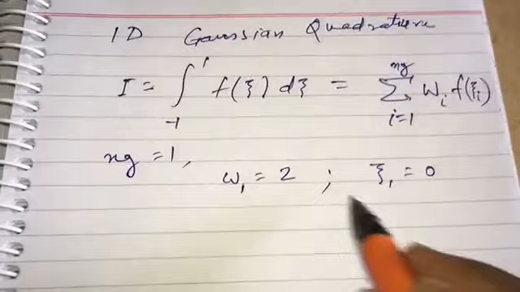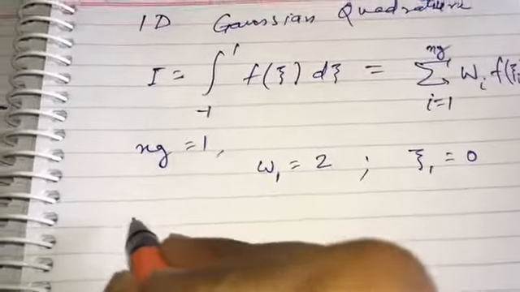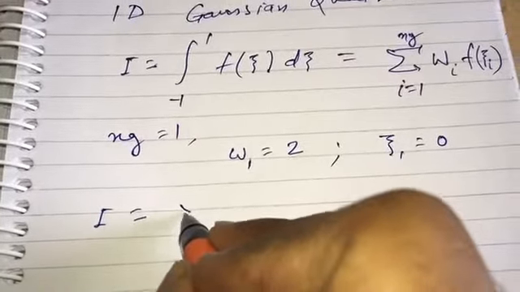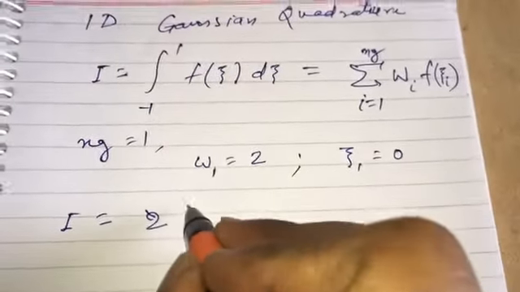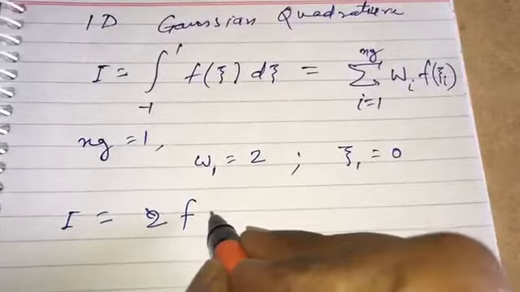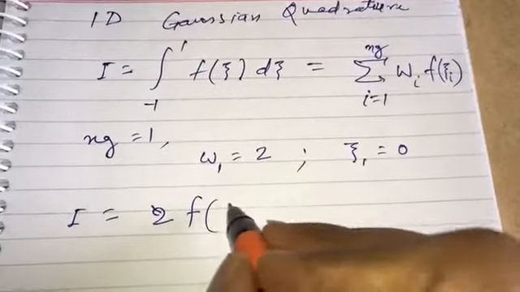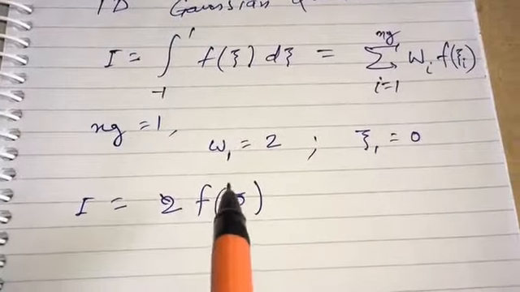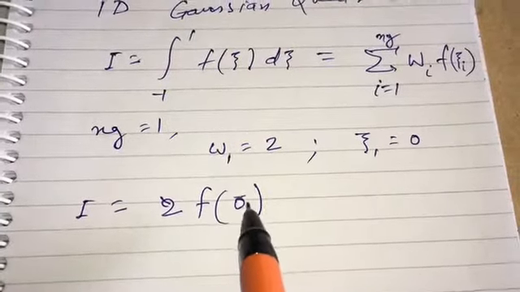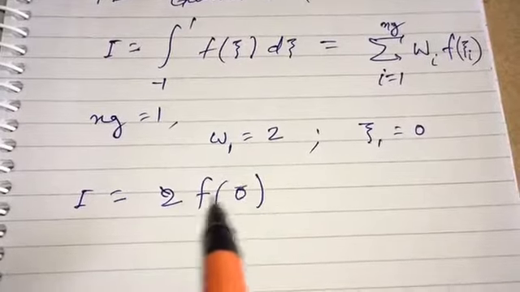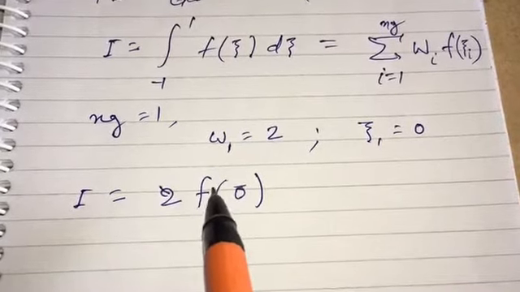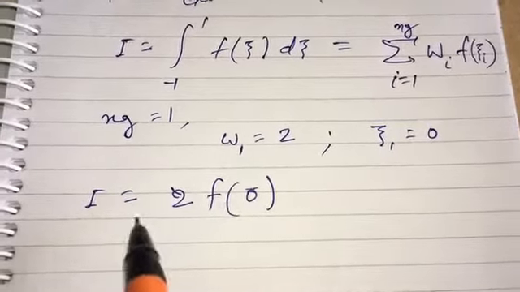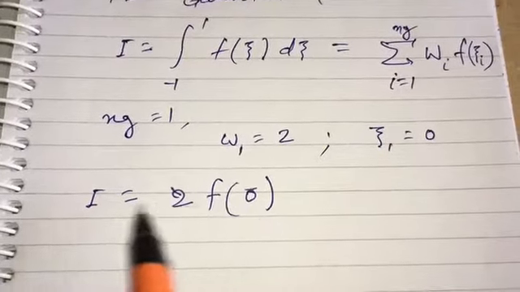So if you apply it here, I becomes equal to w1 times f calculated at xi 1 equal to 0. So I becomes 2 times function of 0, function f of xi calculated at xi equal to 0. So this is what the I is.